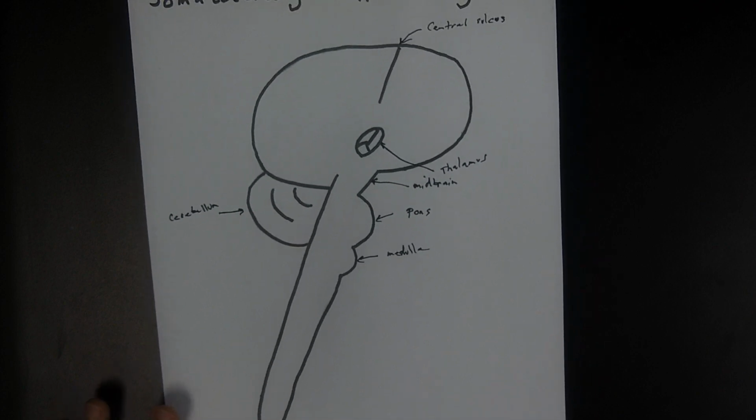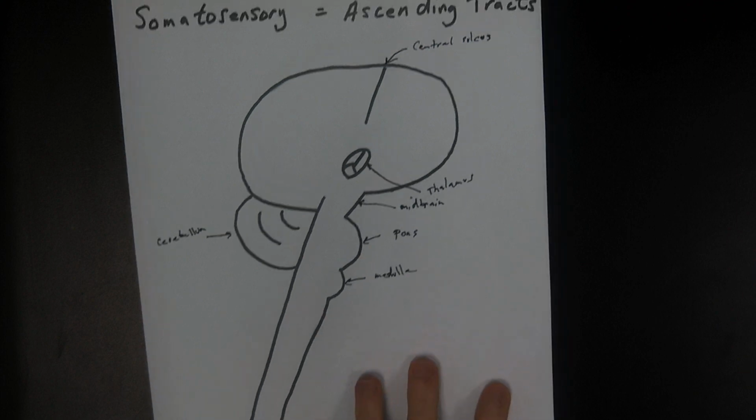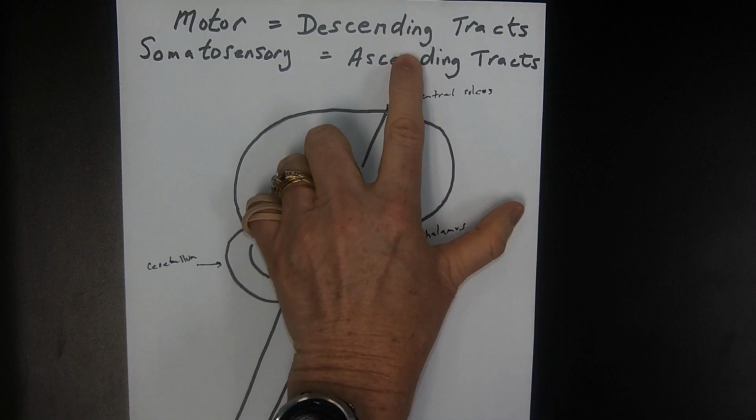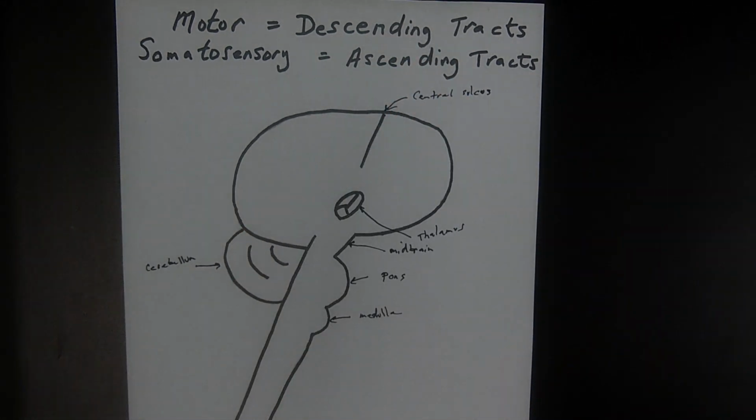Okay, like I said, this is just going to be a great big overview of all the different tracts. We're talking about motor as descending tracts and somatosensory as ascending tracts. When I say the word tract, what does that mean? White matter. Yes, good job. Myelinated axons, that's going to be my white matter.